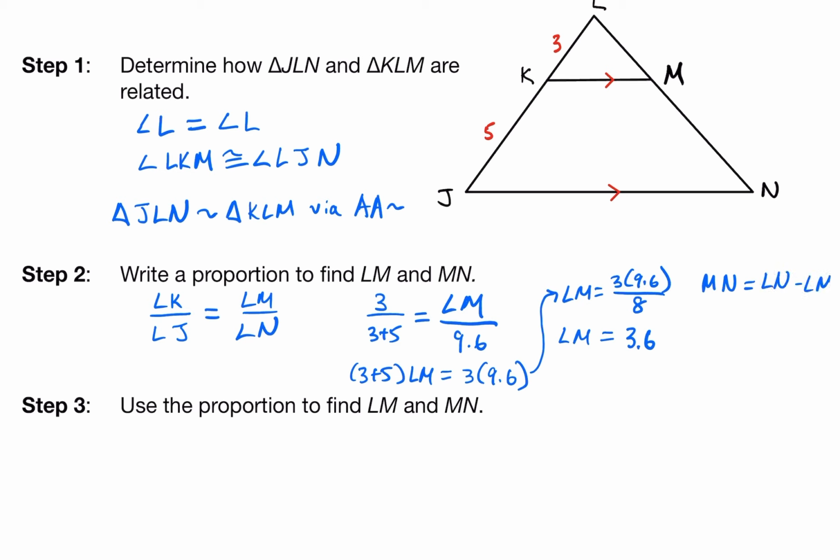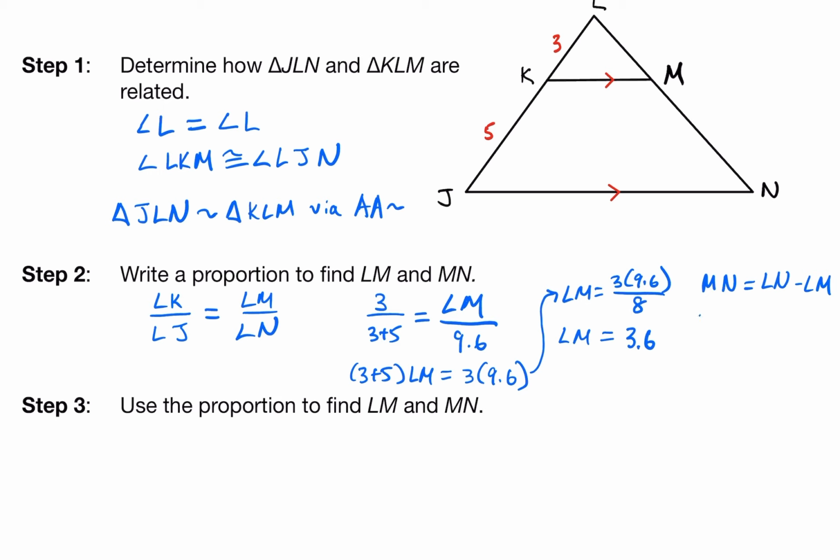So let's pause there for a minute. This length is equal to this entire length minus LM. So we take this entire length and we take out LM, and what we have left is MN. Now that we've established that relationship, we can plug in our known values.